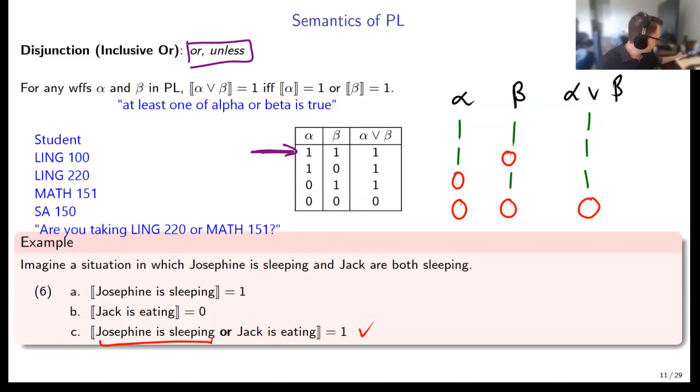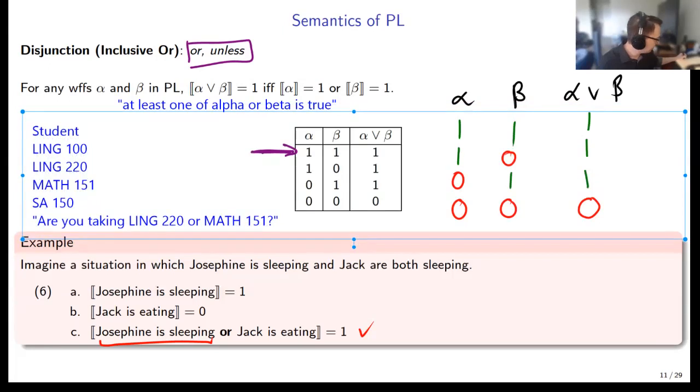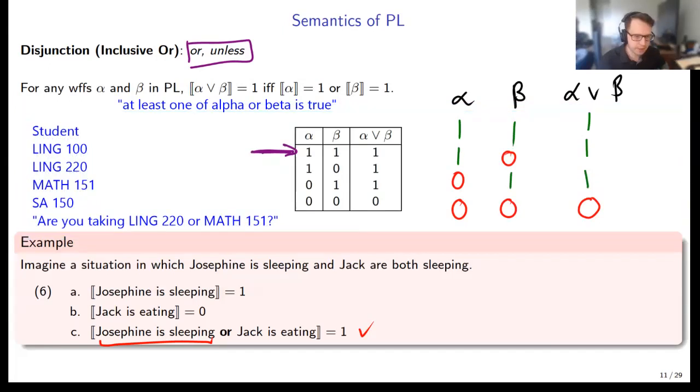So this would be an example of inclusive or. Now, how would you expect that student to respond? You would expect them to say, yes. Are you taking LING 220 or Math 151? Yeah. You would expect them to say yes. So this is an example of inclusive or, because yes, they're taking both LING 220, that's true. They're taking Math 151, that's true. So they're taking at least one of those.